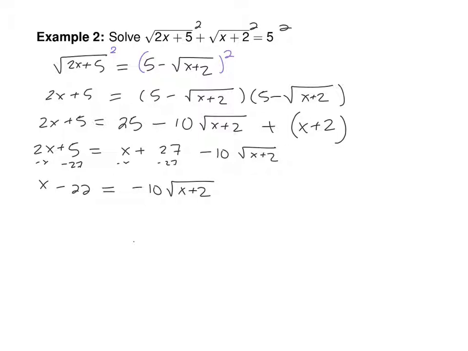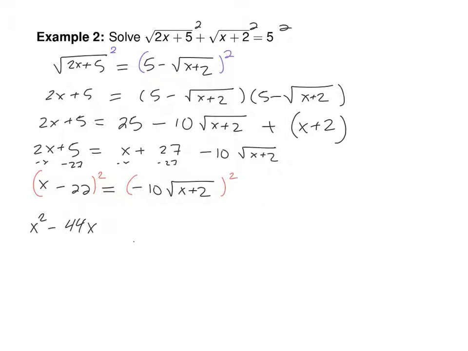So now what could you do? Divide by negative 7? I would avoid fractions if at all possible. I would square everything. Does that make sense? So square this. Feel free to use a calculator for humongous numbers if this happens, okay? That becomes x squared minus 44x.